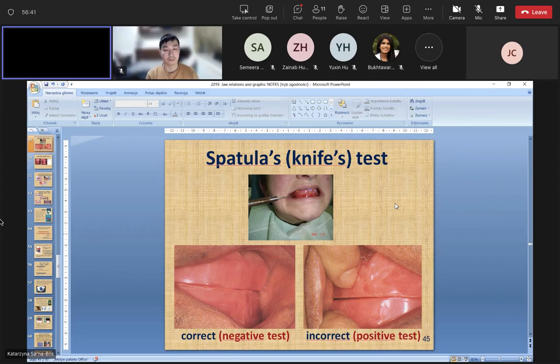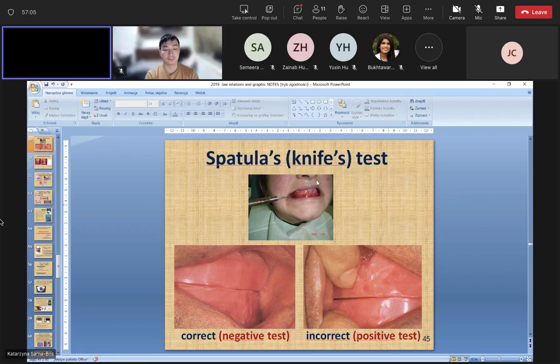Okay, when we find the proper position of the mandible to the maxilla and ask the patient to close his mouth and connect the rims according to this position, then we need to make a spatula test, a knife test.